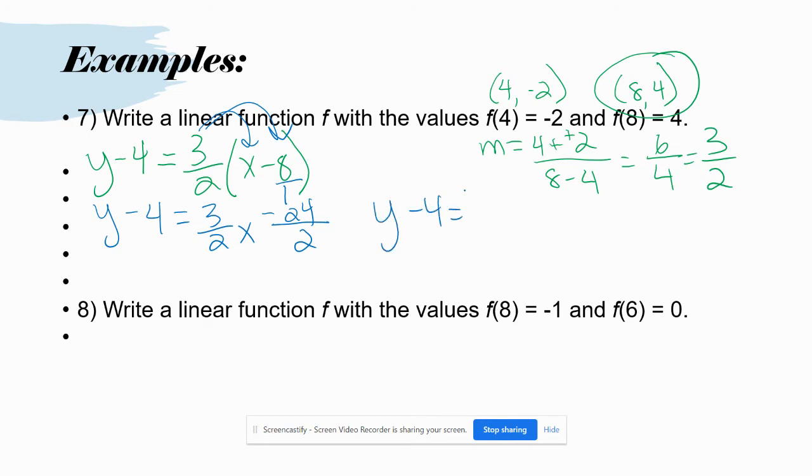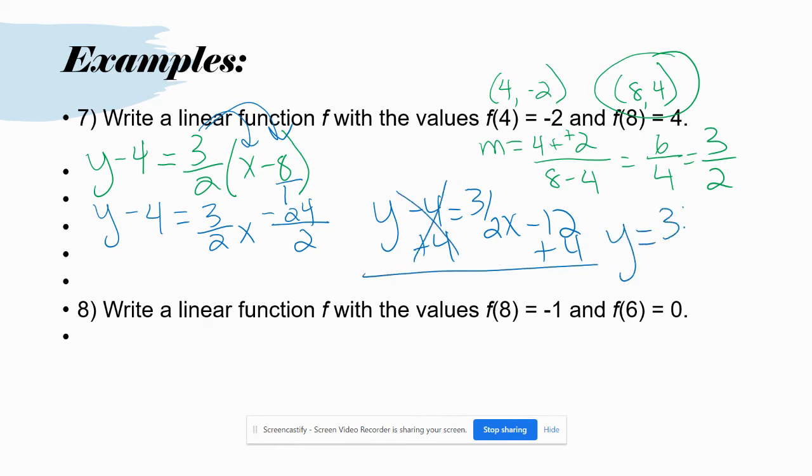Negative 24 over 2 is negative 12. Finish getting y alone by adding 4 to both sides. Those add to 0, so we get y is equal to 3/2 x minus 8.